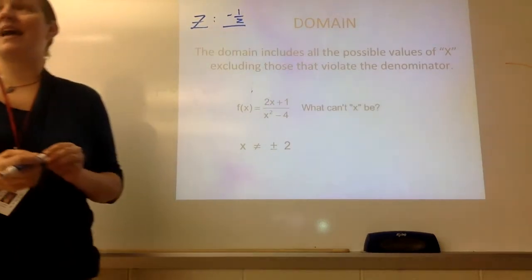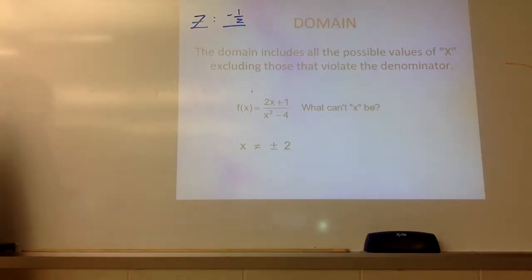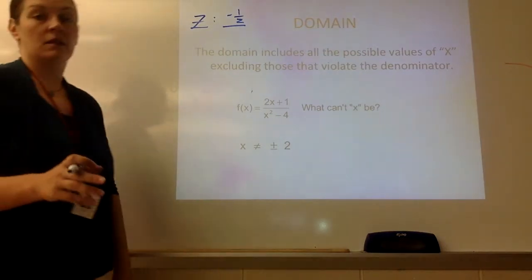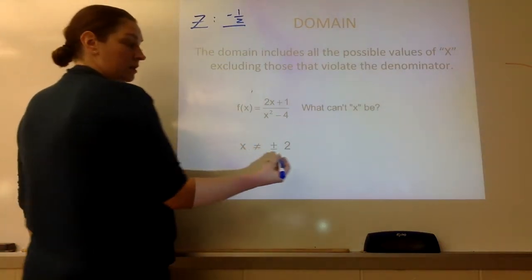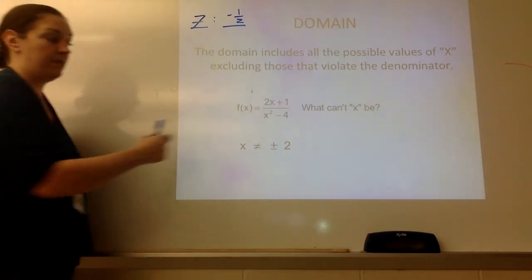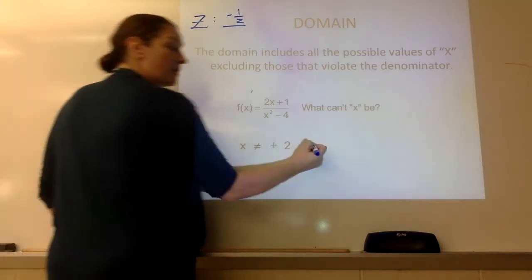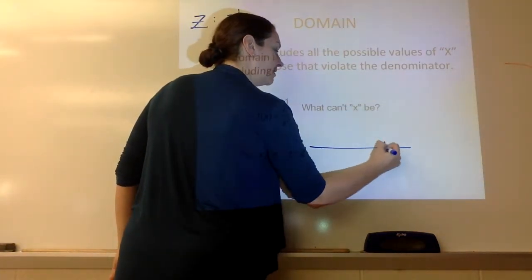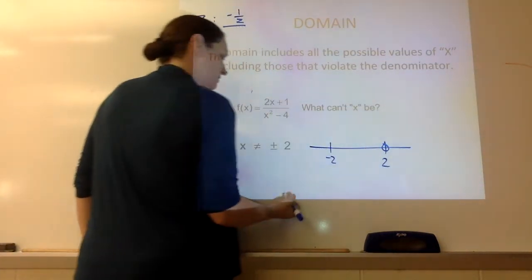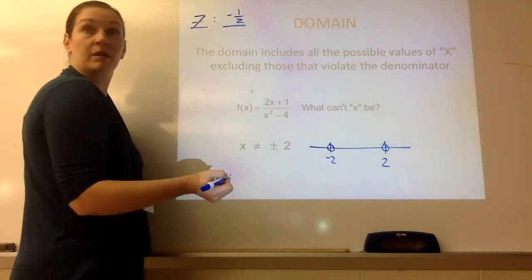How do we write that as an interval in domain? X can't be plus or minus 2. So let's go back to our number line. X can't be 2. X can't be negative 2, right? Can it be every other number?